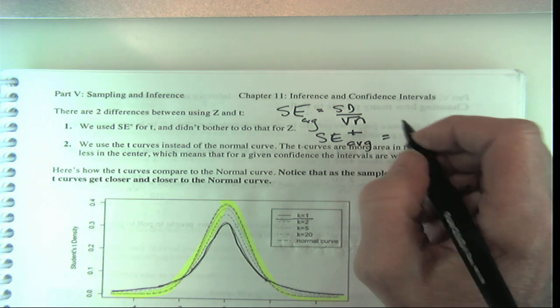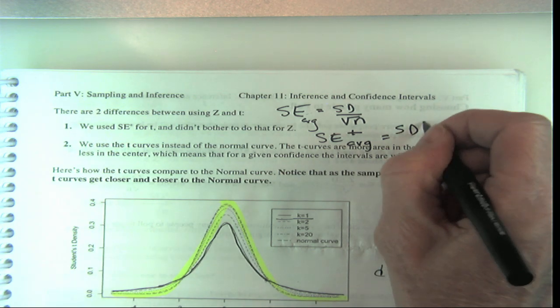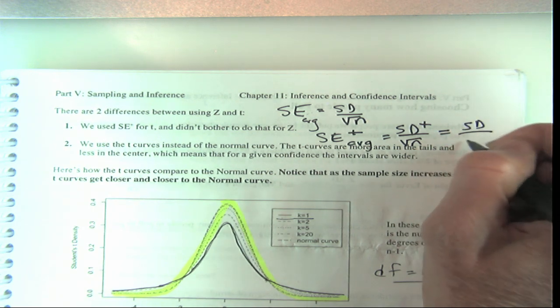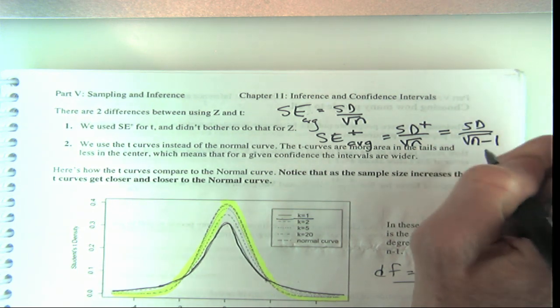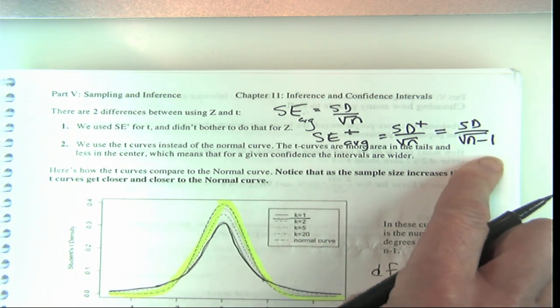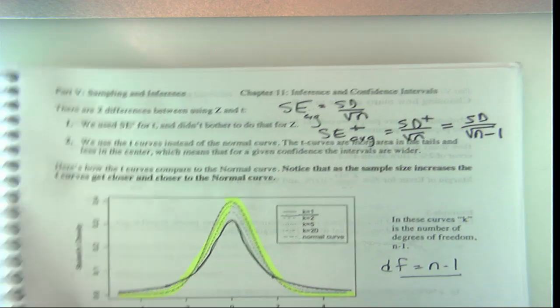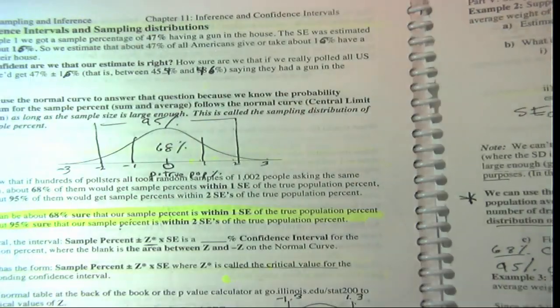Well, that's going to be SD plus over the square root of n, which is the same thing as SD over the square root of n minus 1. So this will make our job pretty easy when we go back, and we'll just finish this up in just 2 minutes. So now let's do that example right here.